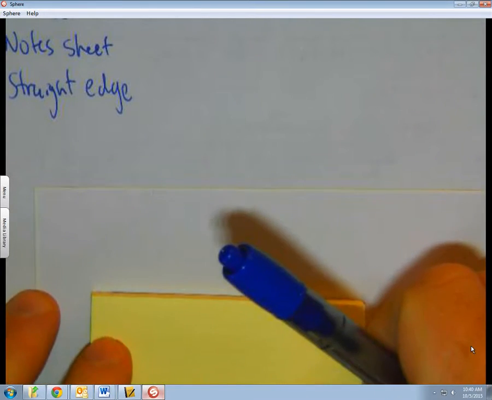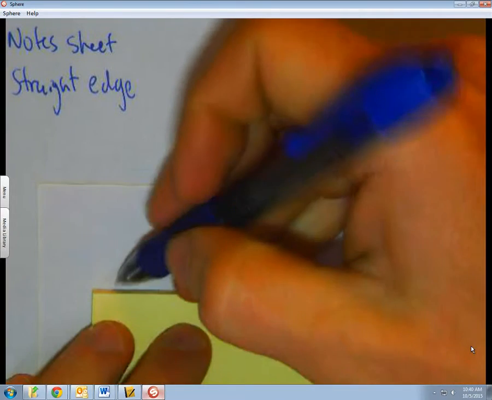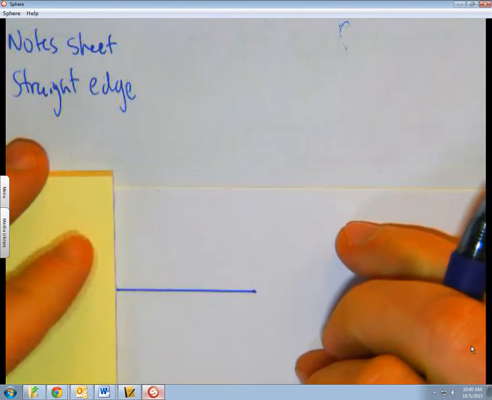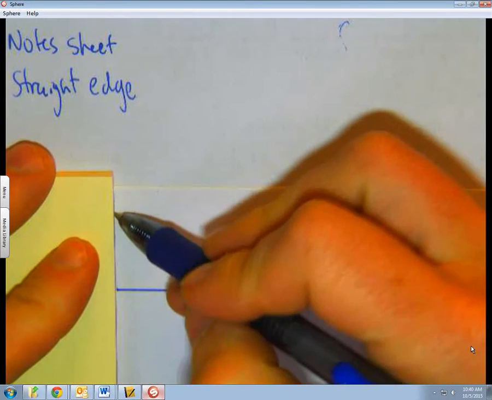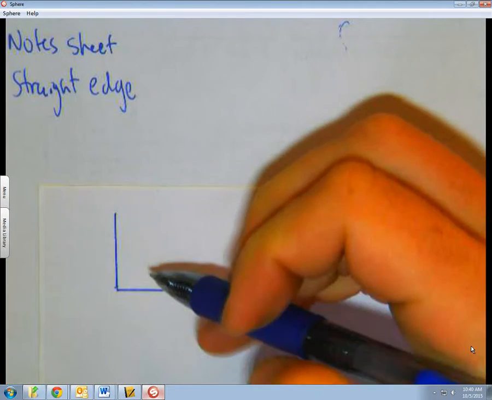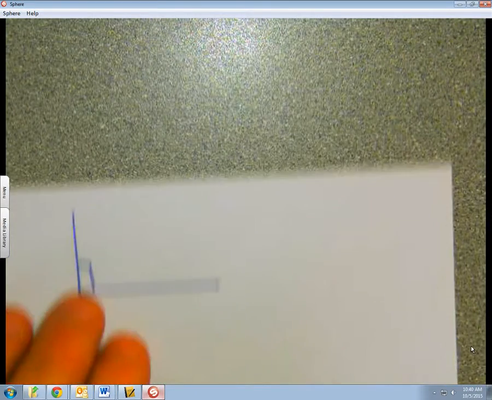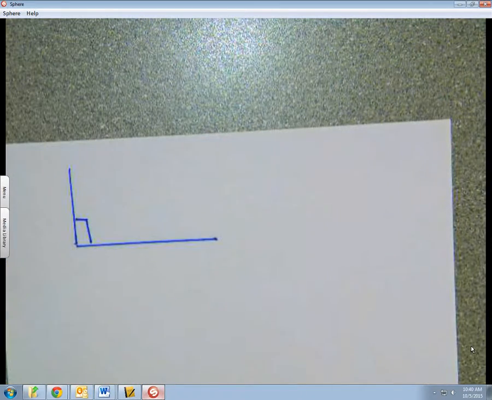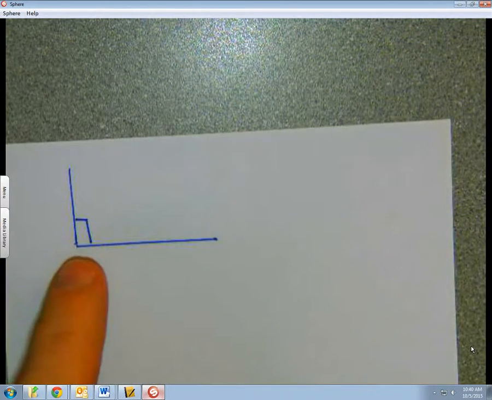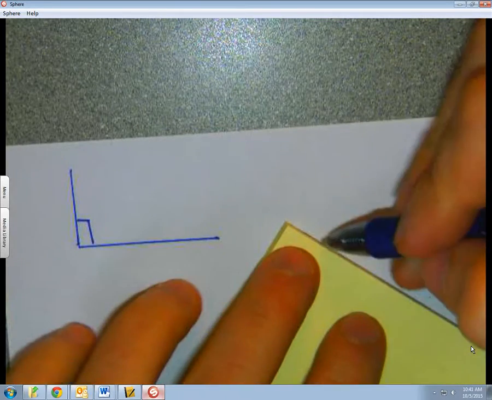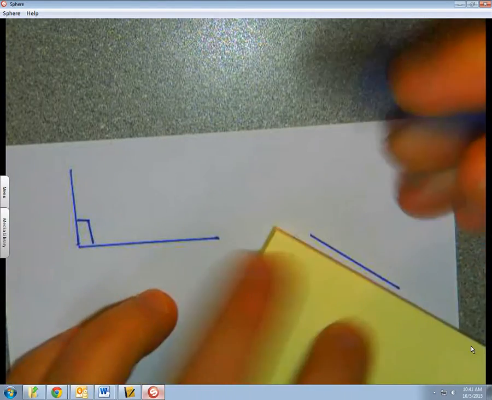I'm gonna draw a right angle. Okay, and it's right because I said it's right. I didn't measure this, but I think I can get it pretty close.